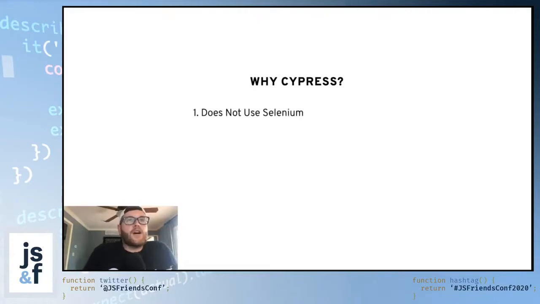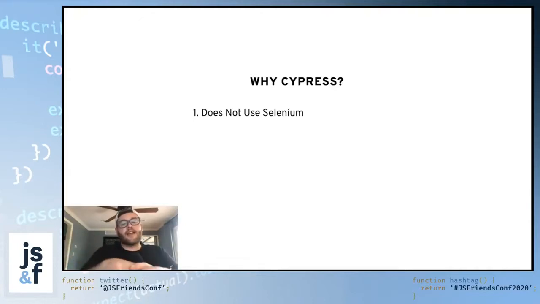Number one is that it does not use Selenium. Most end-to-end testing tools are Selenium based, which means they essentially share the same problems. Cypress is different because it's built on a new architecture, whereas a lot of the other ones were built on Selenium, which executes commands through the network, where Cypress runs in the same run loop as your application itself.